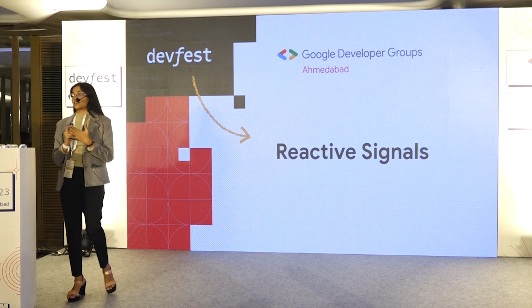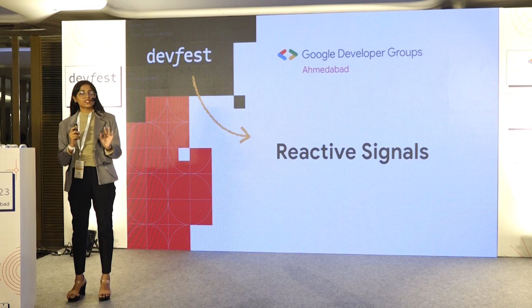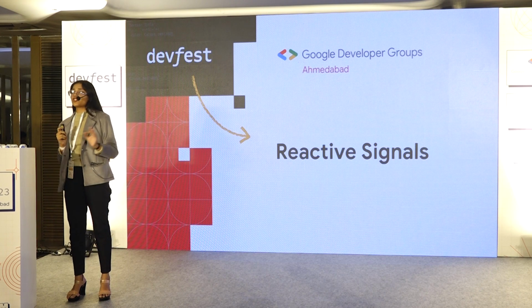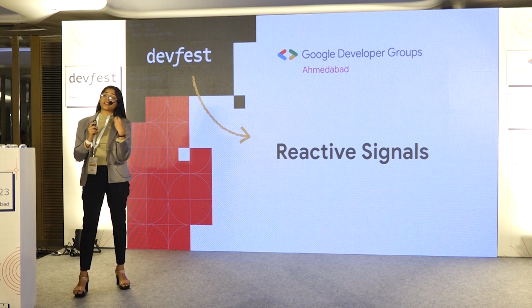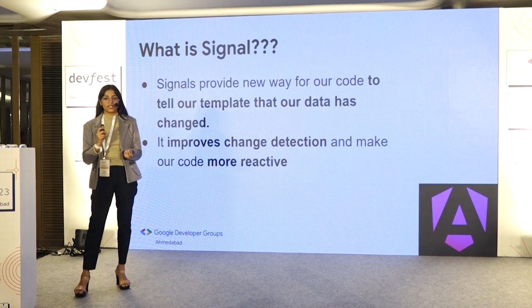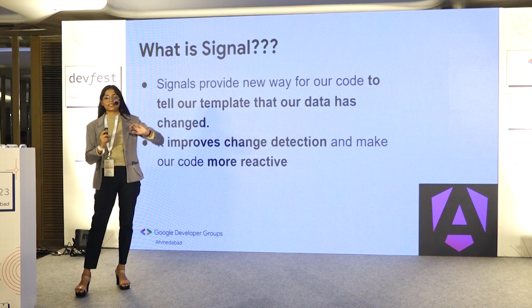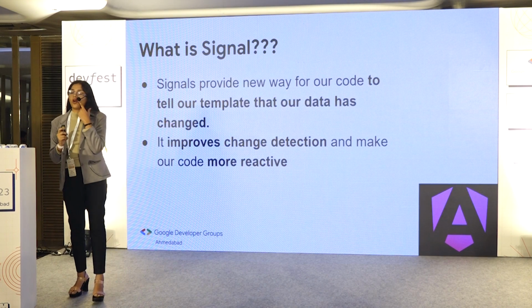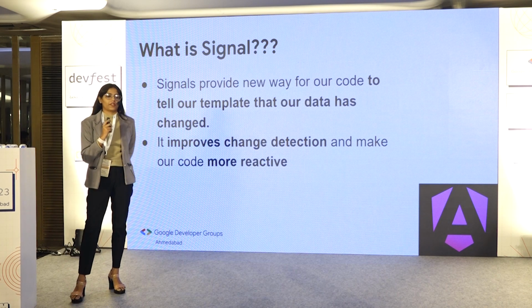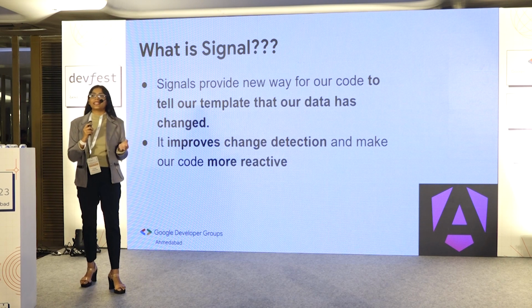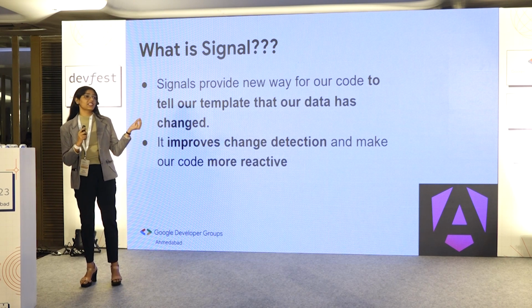Now we have reactive signals. Now reactive signals is a powerful feature of Angular that is introduced. So what Signal is actually offering is that it makes our code more reactive. Now I will explain about it later, but let's see what the definition of it is. Signals basically tell our template that the data has changed.